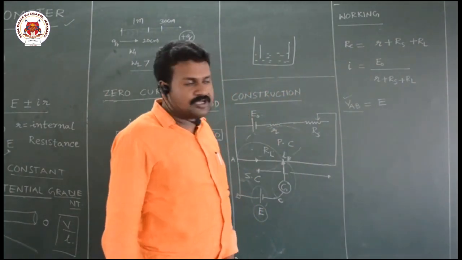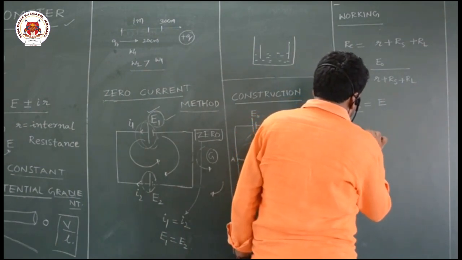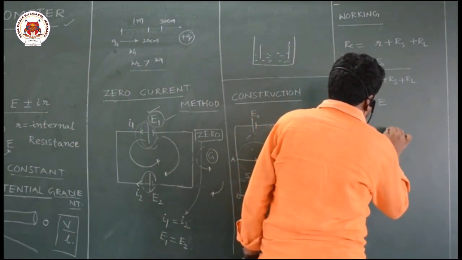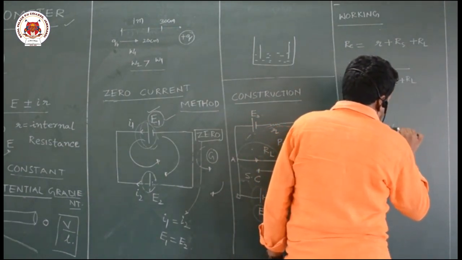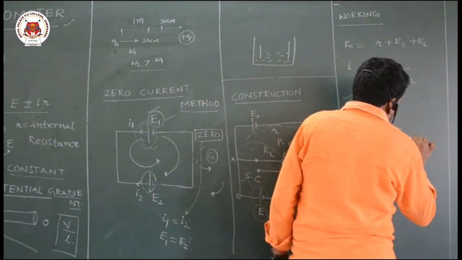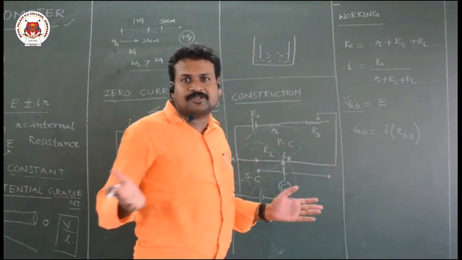This is the condition. So potential difference across the wire length AB can be written as current across the wire and resistance of the wire up to the point AB, because you know that resistance is directly proportional to length.